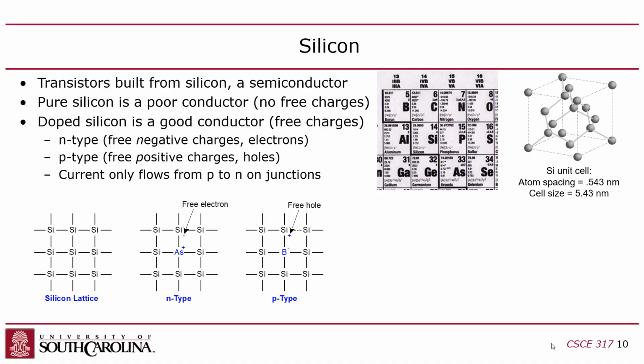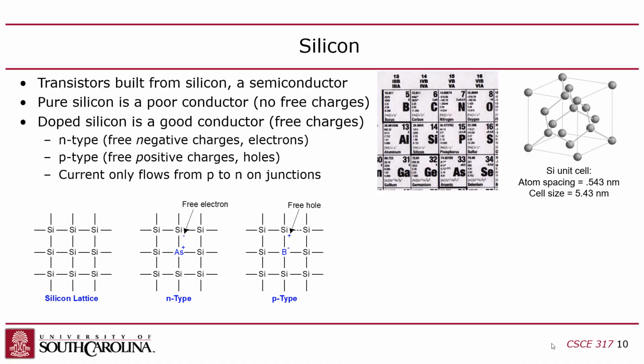But the point is that the dopant atom you put in there either has 5 valence electrons, meaning it's from column 5, right? Or it has 3 valence electrons, meaning it's from column 3, right?